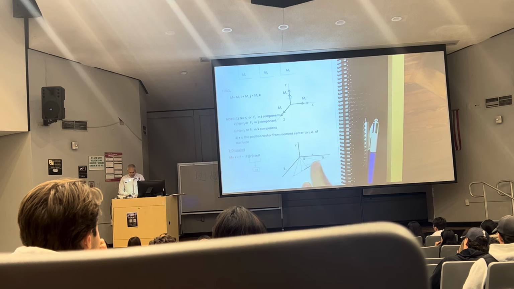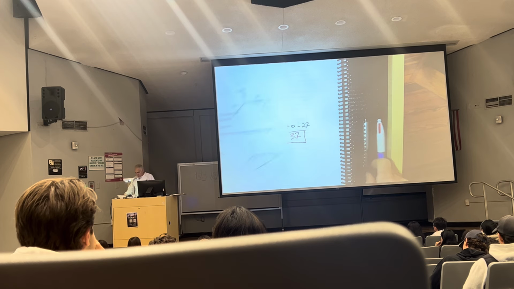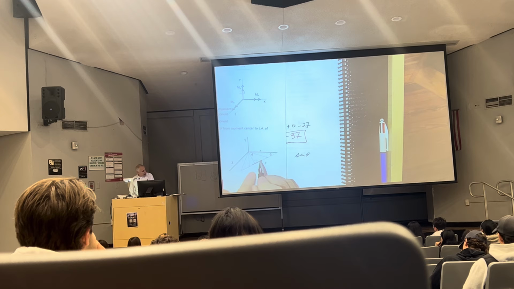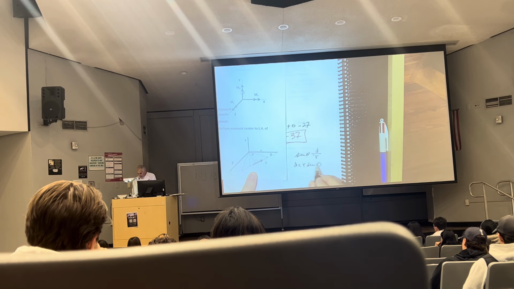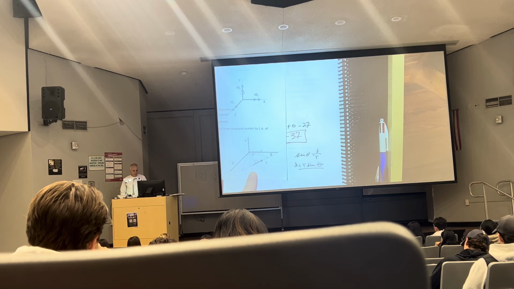If I say sine of theta in this diagram, that's going to be opposite d over the hypotenuse, which happens to be r. So d is equal to r sine theta. Agreed? That's just SOHCAHTOA.